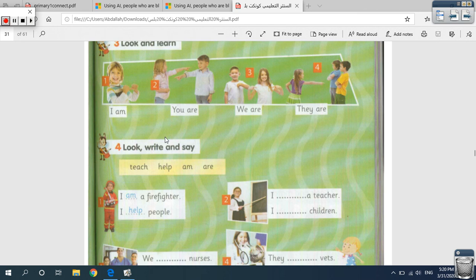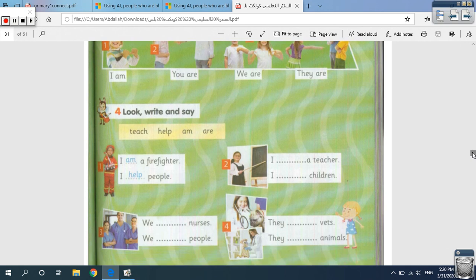Here in the language that we use, we took the verb to be at the beginning of the year, remember? I am, you are, we are, they are. He is, she is, it is. But here we have am and are.